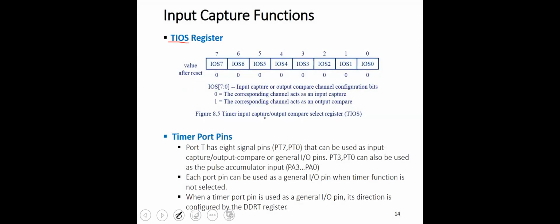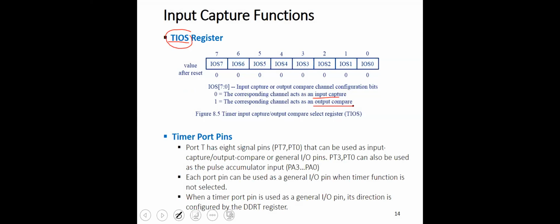So in order to configure these channels as input, we need to go to this register, and this register basically decides whether the channel is an input capture or an output compare. I'm sorry, I said it is the edge. No, the edge is another register.